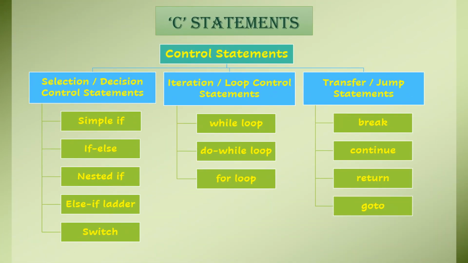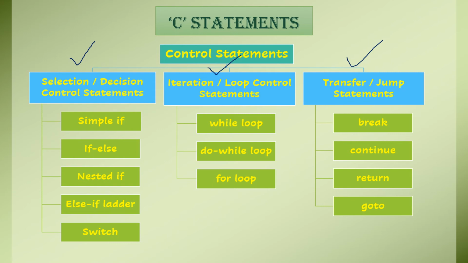So here we have control statements, and control statements are further divided into three categories: selection or decision control statements, iteration or loop control statements, transfer or jump statements. Selection and decision control statements means according to some conditions you want to execute some statements, and iteration or loop control statements means you want to repeatedly perform some action, repeatedly execute some statements.